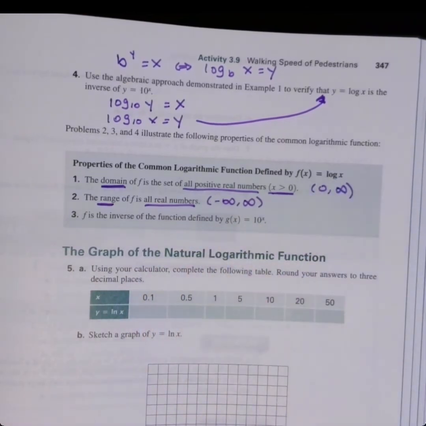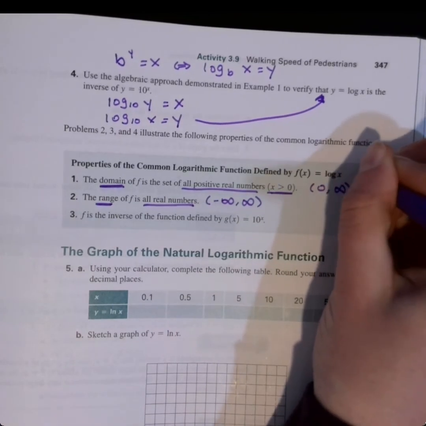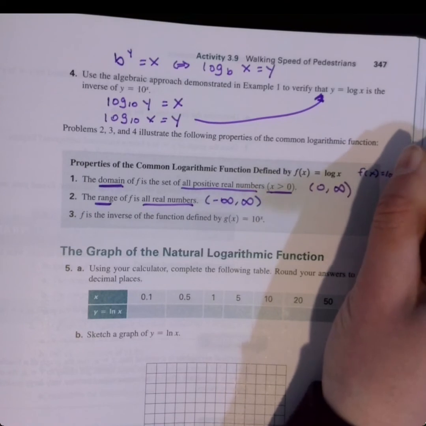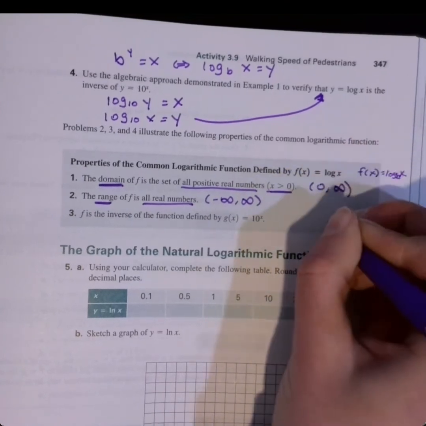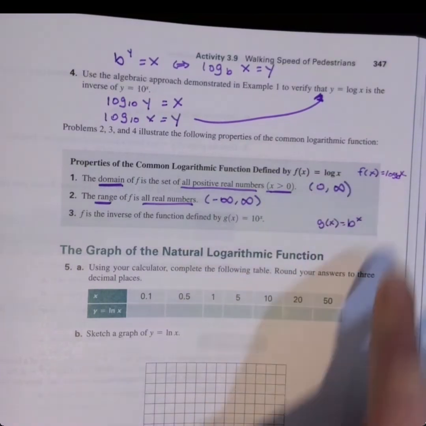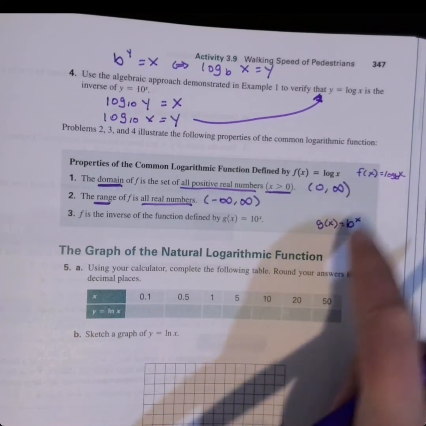Now, we can get a little more general than this. If you had f of x equals log base b of x, then its inverse g of x is going to be b to the x. Whatever the base of your exponential is, that's the base of your logarithm and vice versa.